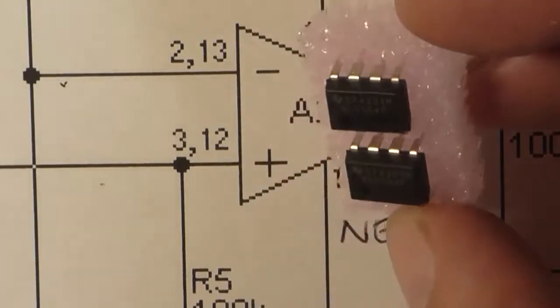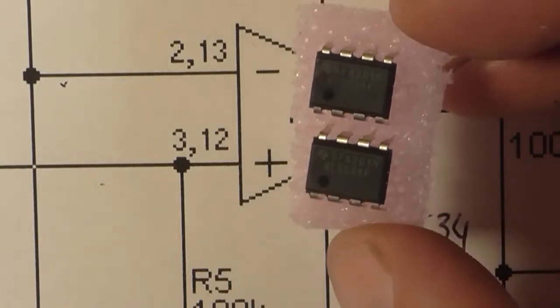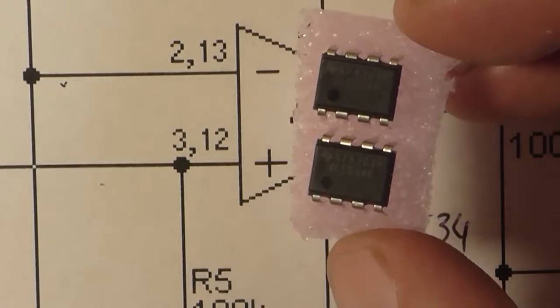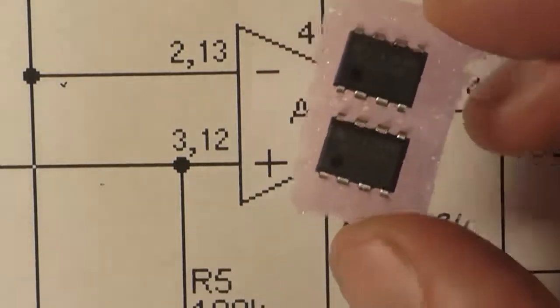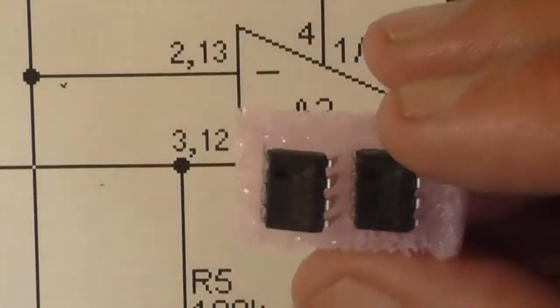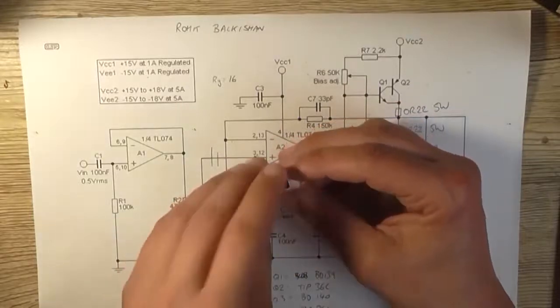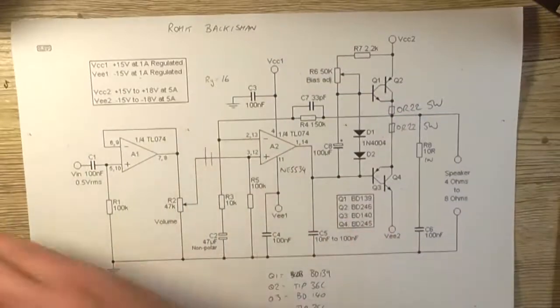There's an NE5534N, I think it is, which is the ultra low noise version. But I think they're about nearly $3-4 each. They are quite expensive for an op-amp, that is.